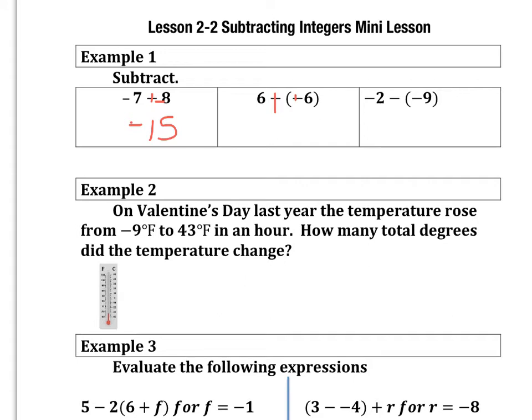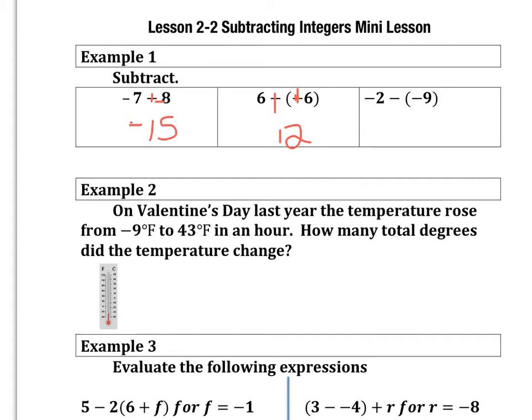And so really this problem just becomes 6 plus +6, which is an easy answer of 12. So in this case, when you see that double negative in a row, minus a negative, it's always going to become plus a positive. And the more that you see it, you'll get into that habit of remembering that that's really just going to imply addition.